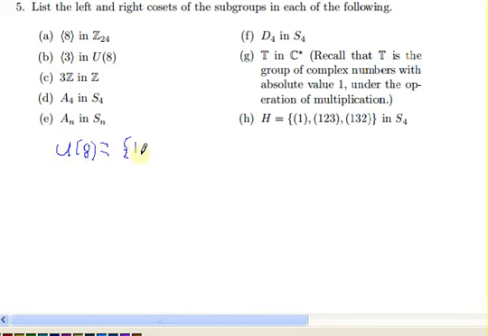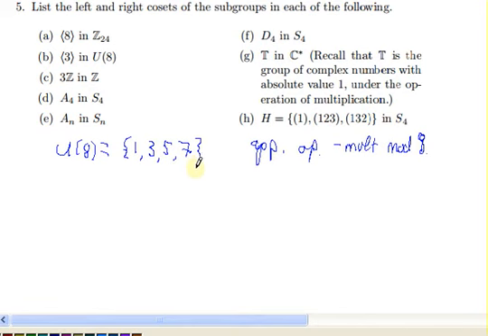And so here we have 1. 2 is not relatively prime, so we have 3. 4 is not relatively prime, so we have 5. 6 is not relatively prime, so we have 7. Okay, so that's the set U8, and the group operation is multiplication mod 8. Okay, so that's the group that we're working in.